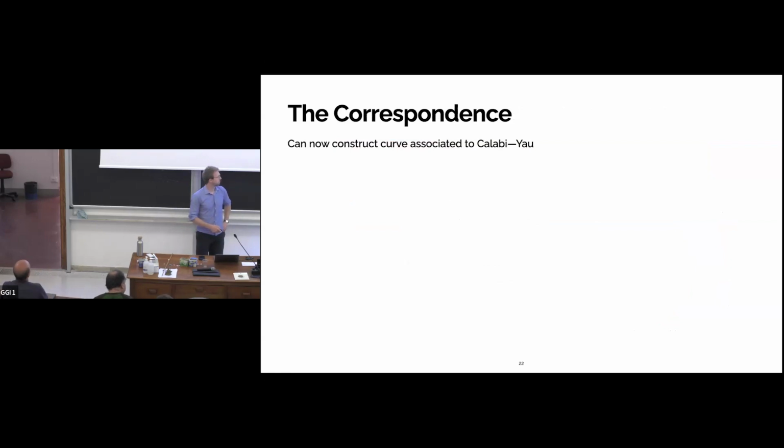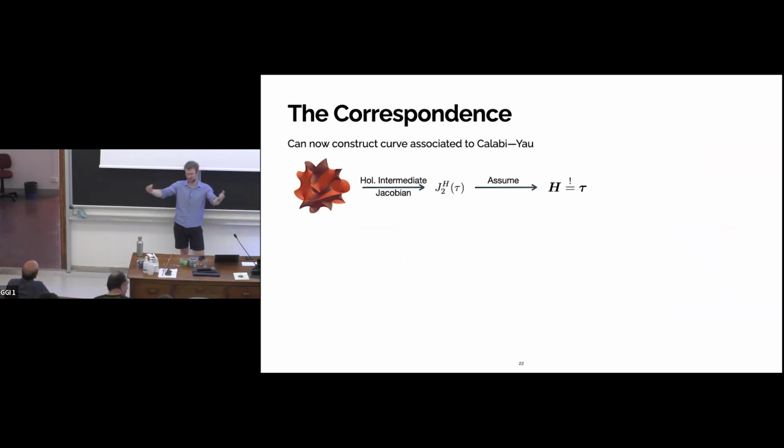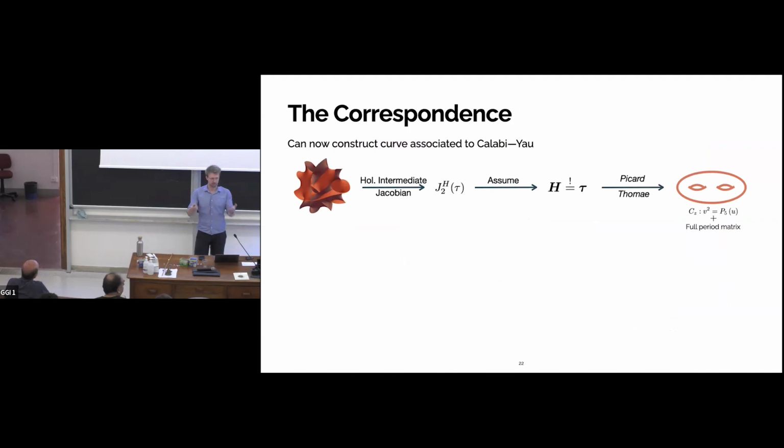Okay, so as a summary, we have the following correspondence now. To some extent, we can construct a curve associated with Calabi-Yaus. We start from the Calabi-Yaus. We define this holomorphic intermediate Jacobian. We assume that this is just the Jacobian of some genus 2 curve, and we can recover the curve from this.